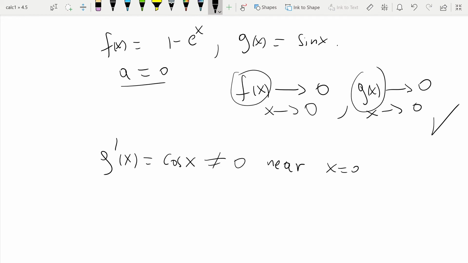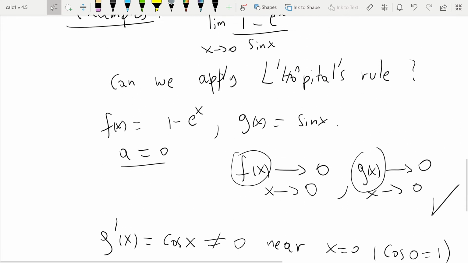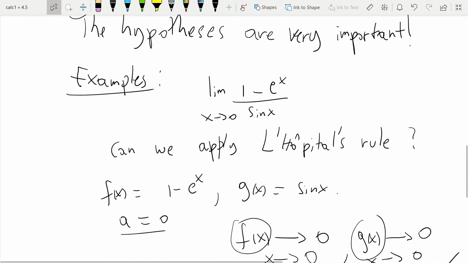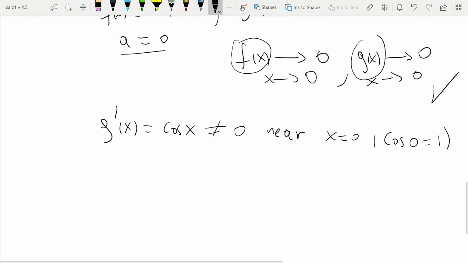Because, well, cosine of 0 is 1. Okay? And so at all nearby points, cosine is going to be very close to 1, so it's going to be different from 0. So we can apply L'Hopital's rule, and we can compute this limit. Instead of computing this limit, this tells us L'Hopital's rule applies.